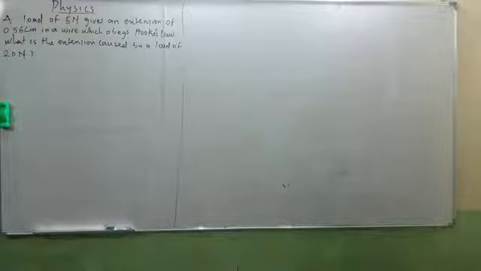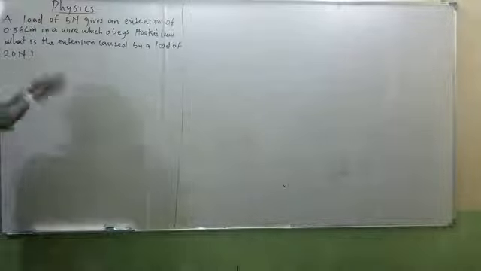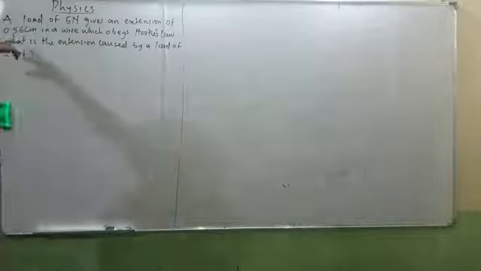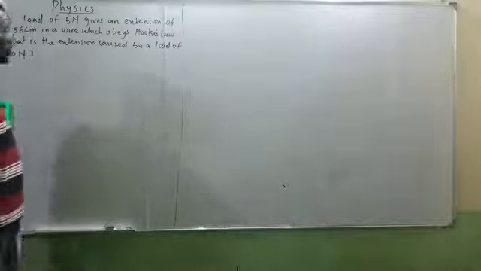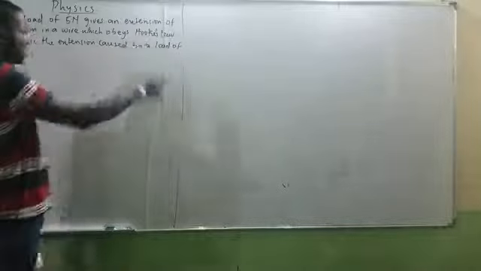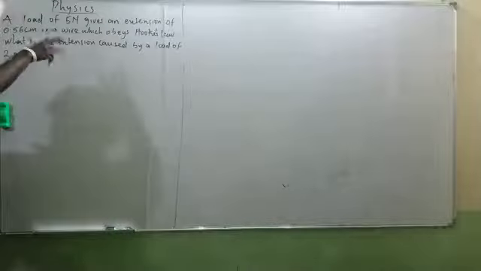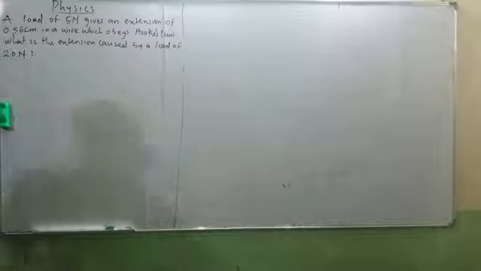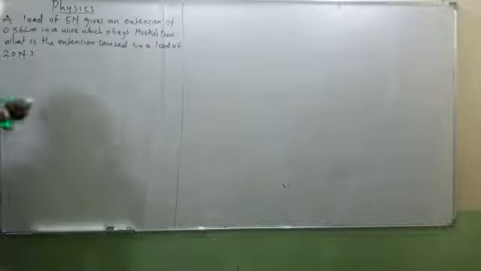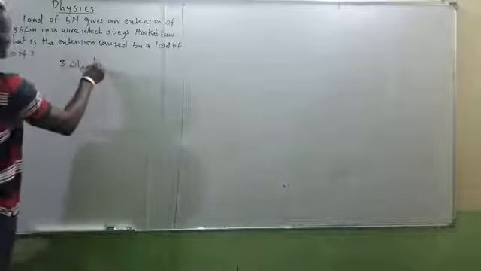A load of 5 Newton gives an extension of 0.56 centimeter in a wire which obeys Hooke's law. What is the extension caused by a load of this particular amount? Now, how do I solve this particular question? It's very, very simple.